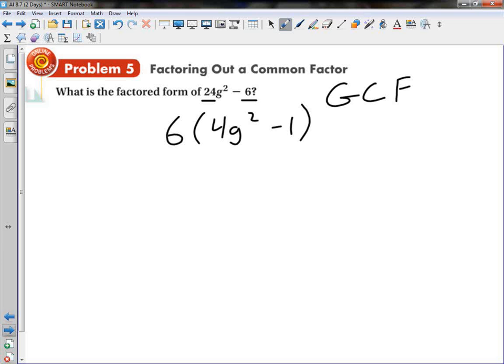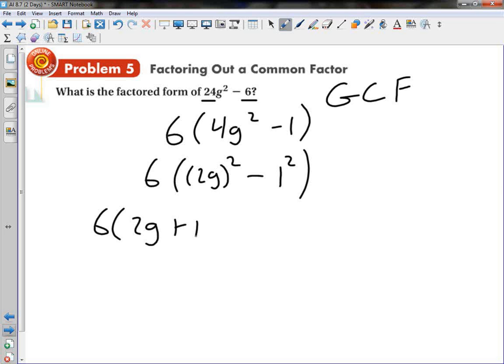Now I want to see, do I have perfect squares now? For 4g squared, I think we can see that's going to be 2g squared. 4 is a perfect square, g squared is a perfect square, we're all right. We have a minus sign, and 1 is 1 squared. So we do have a difference of squares, so we'll rewrite that as 2g plus 1 and 2g minus 1.